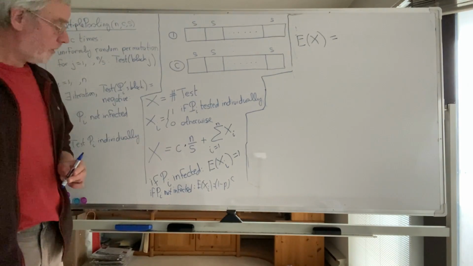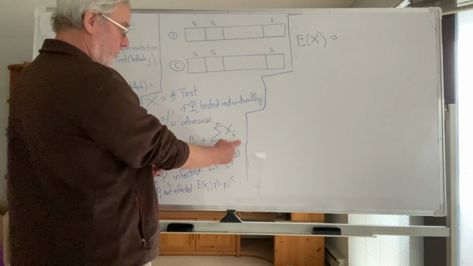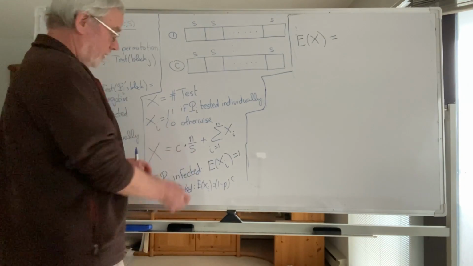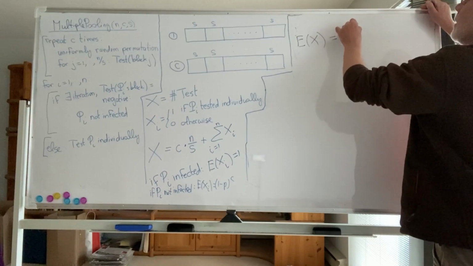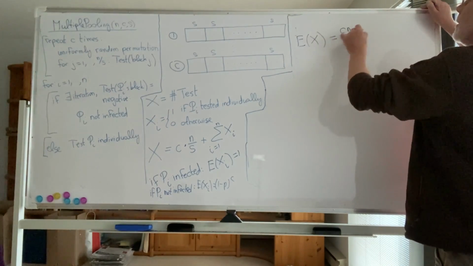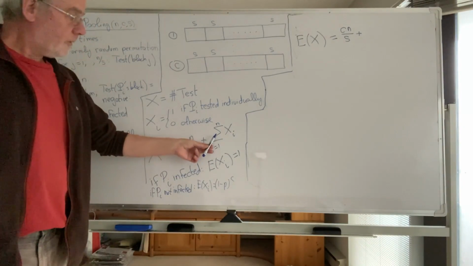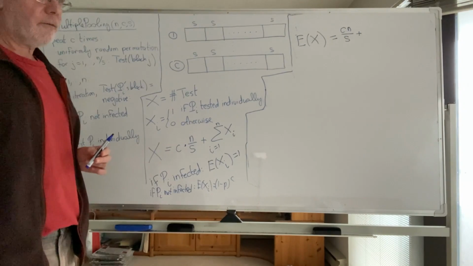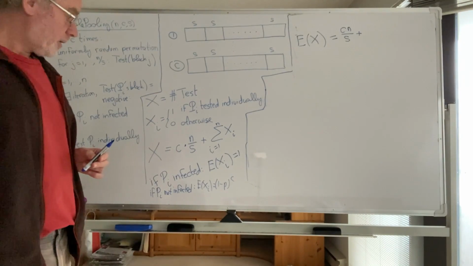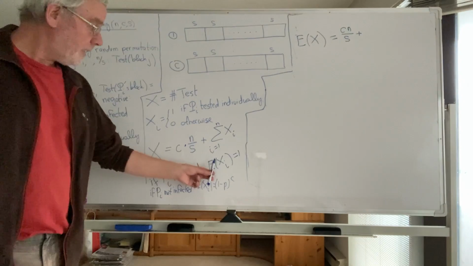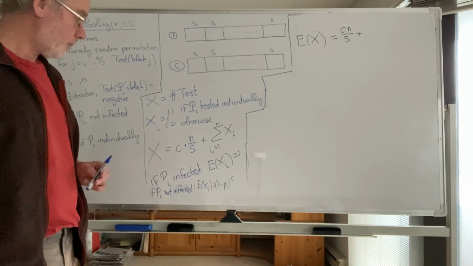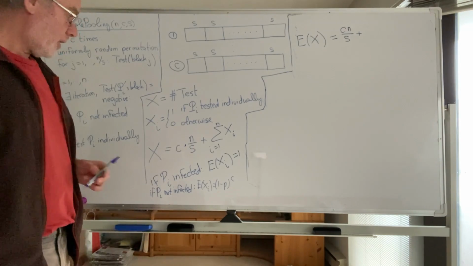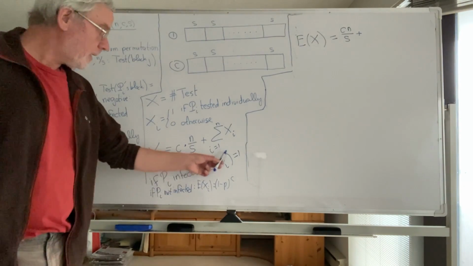So the expected value of x is the expected value of the whole thing. This just gives us Cn over S. Then we get an expected value of the sum, which is the sum of the expected values. And the expected value of xi is either equal to 1 or it is equal to 1 minus p to the power c. So how many terms are there where the expected value of xi is 1?